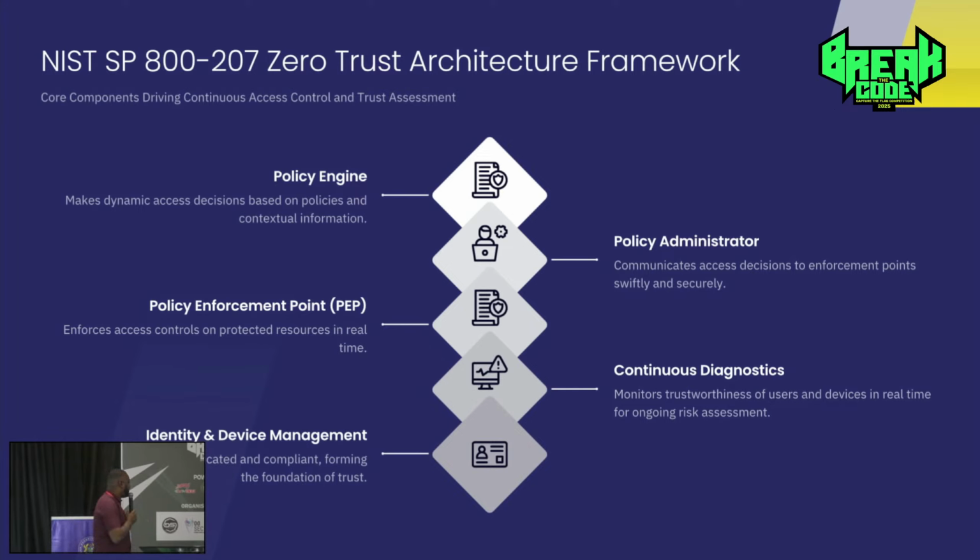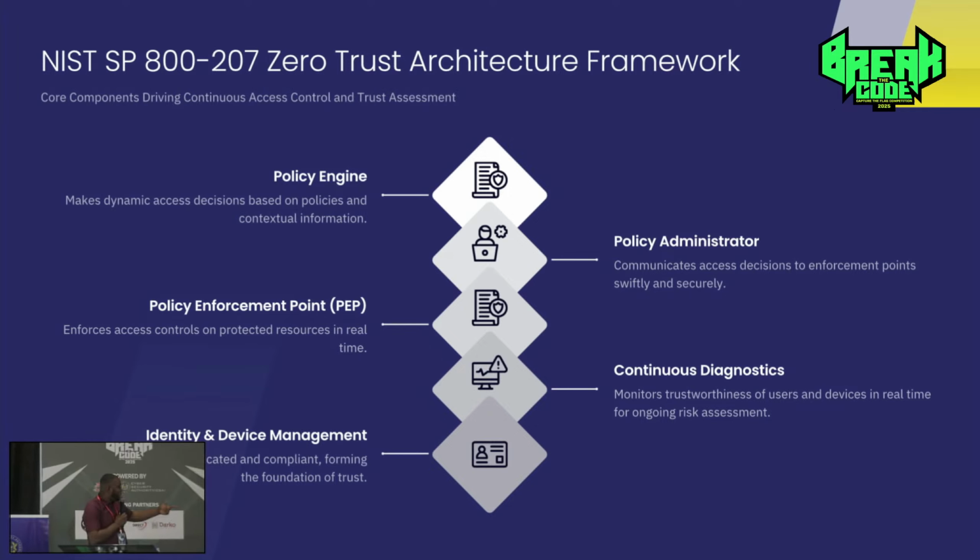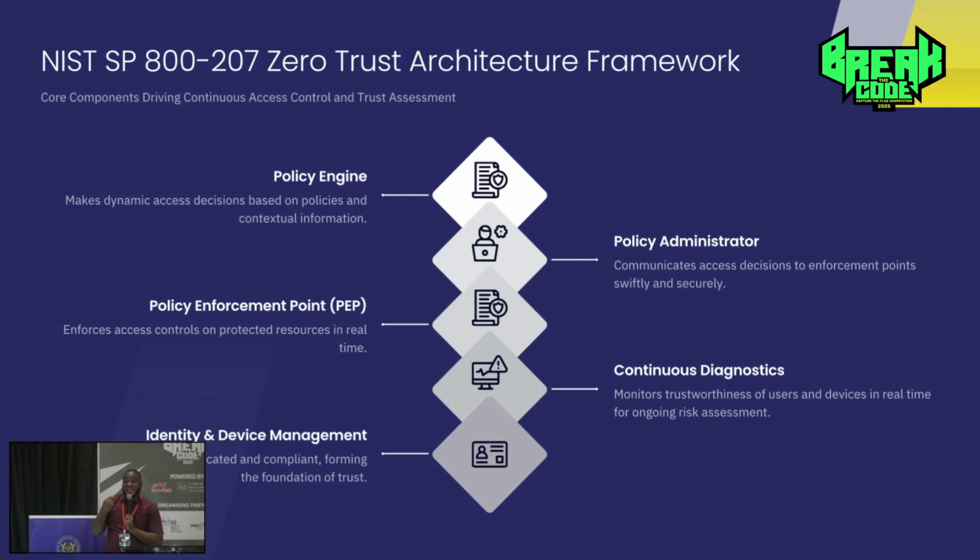Then finally, we also have identity management. This ensures entities are authenticated and compliant with the policies. Every entity that is trying to use our system, users, humans, other systems, other programs, other processes, even devices, your browser that you are using, everything needs to be authenticated and verified to make sure they conform.